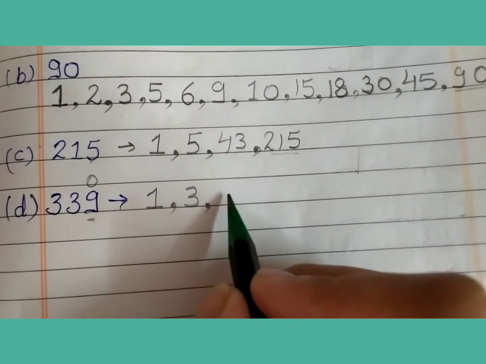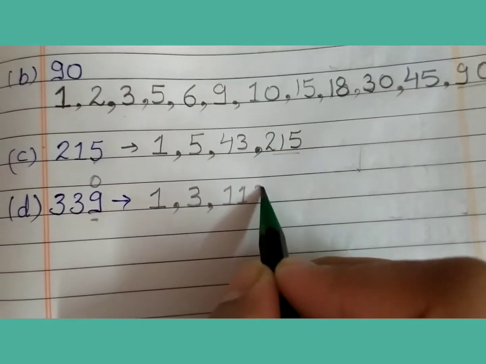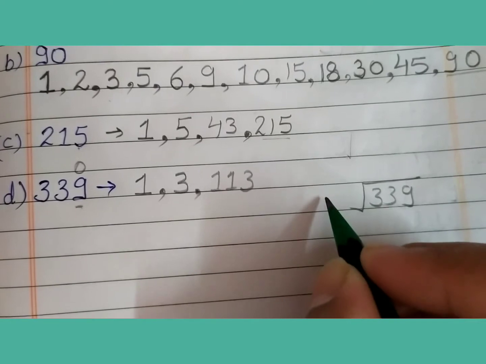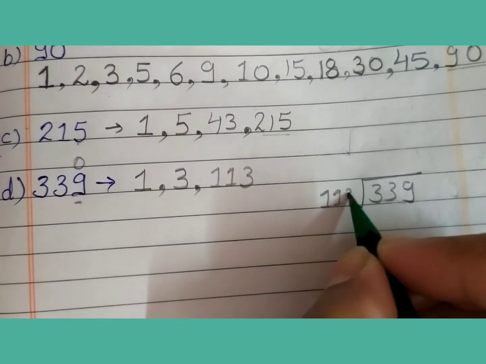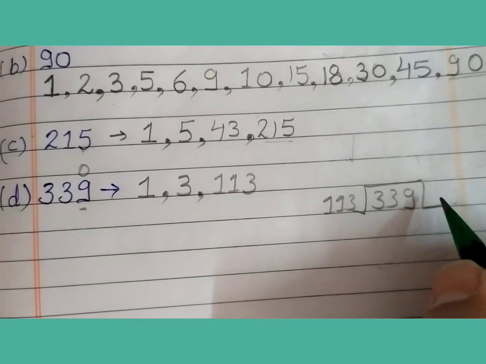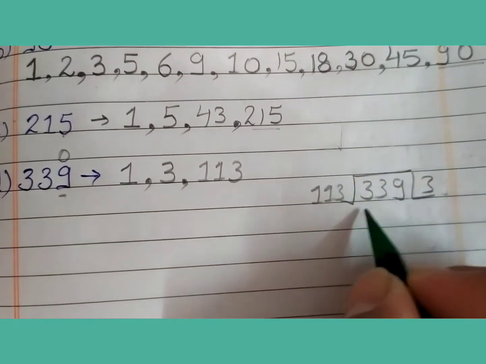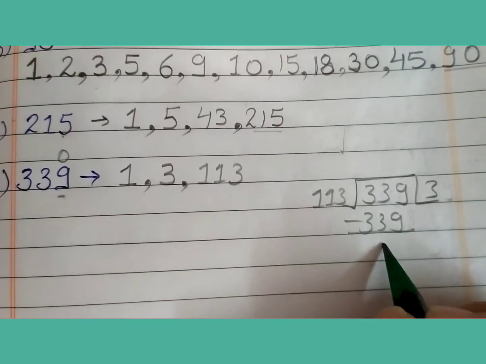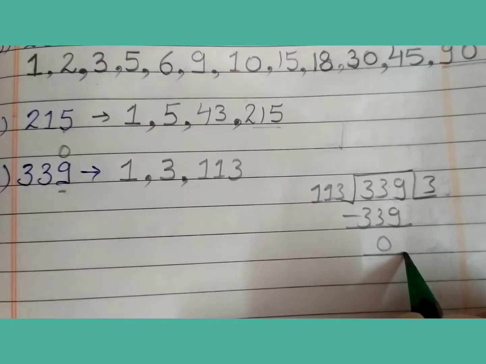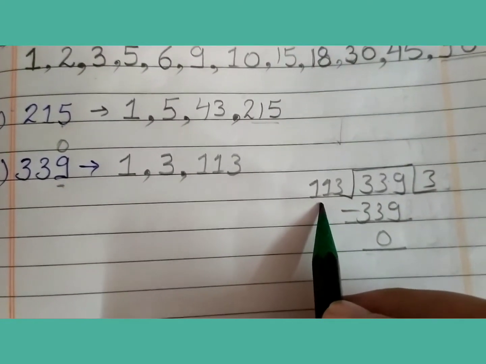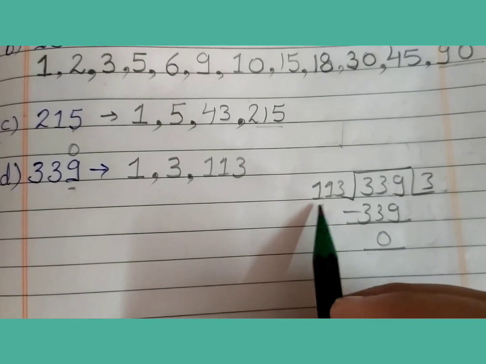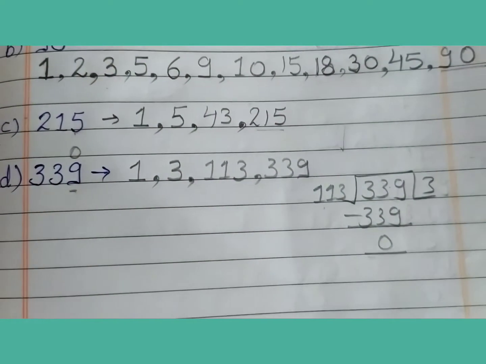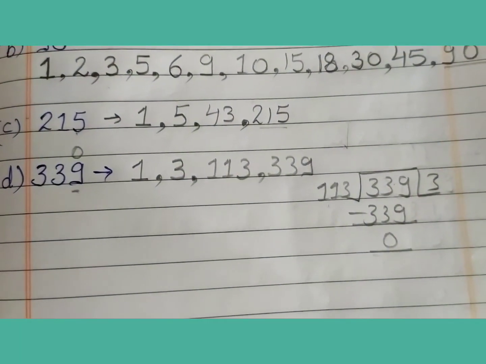Next is 113. 339 divided by 113. 113 3s are 339, and 339 minus 339 equals 0. The remainder is 0, so 113 is a factor of 339. And the last factor is 339. It is the greatest factor.